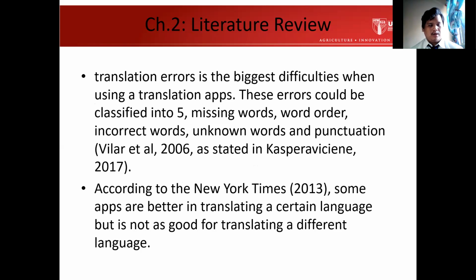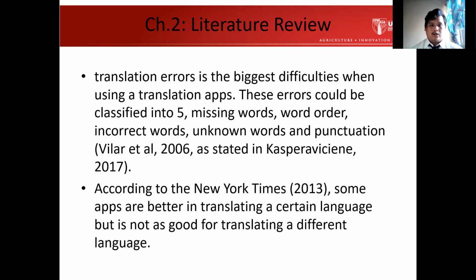And the next one would be on translation errors. It is the biggest difficulty faced when using translation apps. According to Villa and other researchers, this could be classified into five: missing words, word order, incorrect words, unknown words, and punctuation.